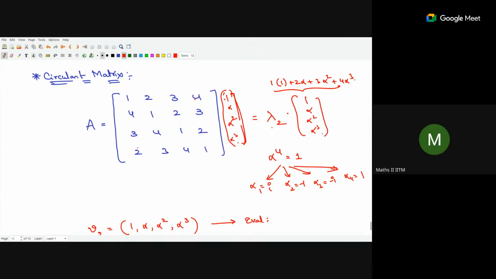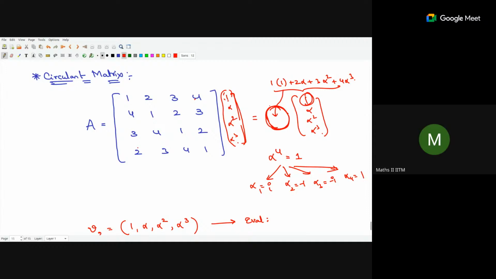If I look at the first row, and this column is getting multiplied, I will get 1 times 1 plus 2 times alpha plus 3 times alpha square plus 4 times alpha cube. But I have to pull all that out so that I get 1 in the column. So this lambda 2 should be just the first row multiplied with whatever vector we said as the eigenvector. So this will come and sit inside this.